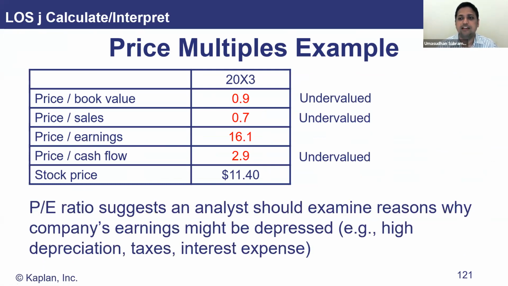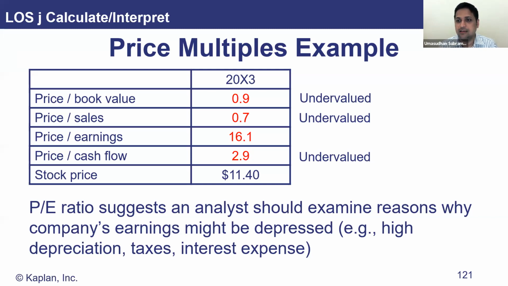In the absence of any other information, as we discussed yesterday, if the multiple, whether price to book, price to earnings, or price to sales, for a particular equity instrument is lower than the industry average or a nearest competitor, we consider that investment to be undervalued. And if your multiple is more, that would mean the security you are looking at is overvalued.